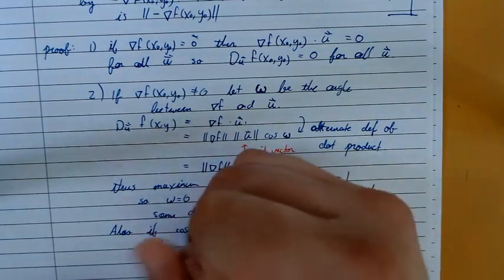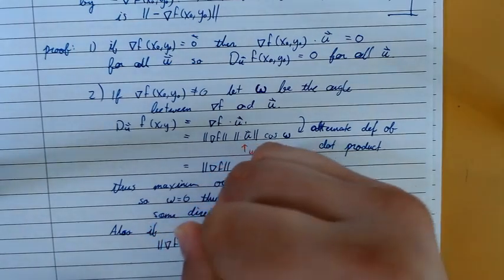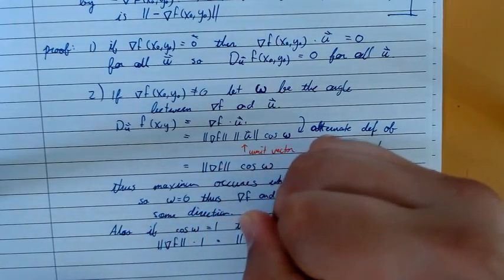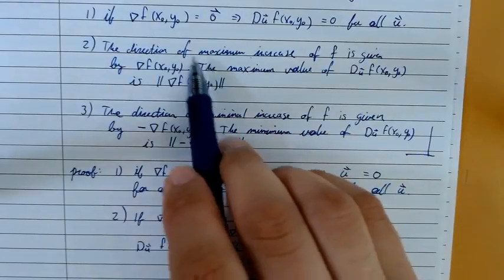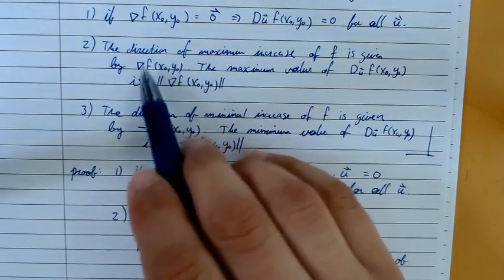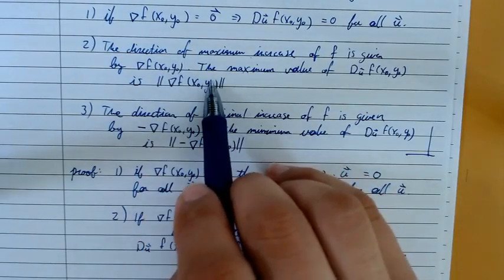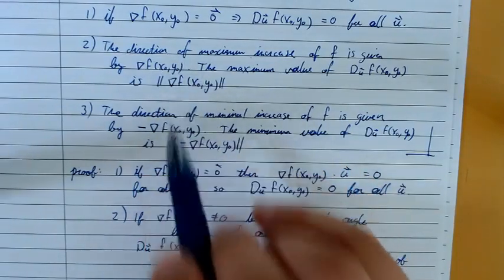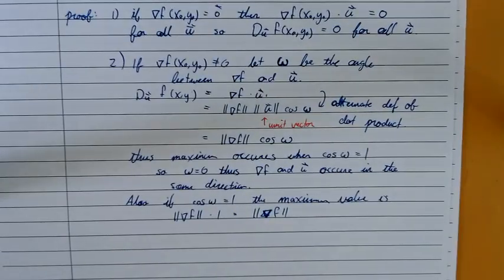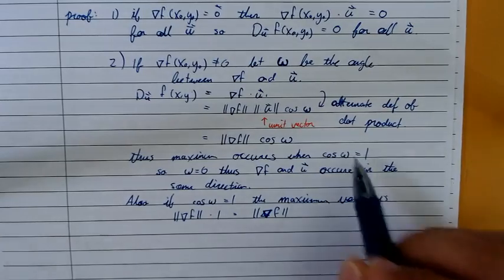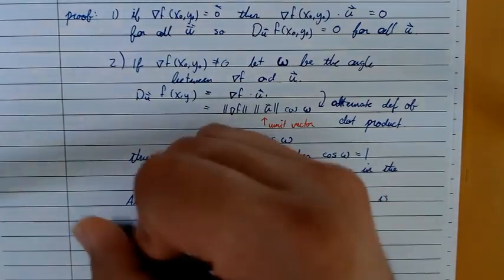Oh, sorry, the magnitude of the gradient of f times 1, which is the magnitude of the gradient of f, which is the other part here. So not only is the direction of maximal increase in this direction, but we know that the amount of maximal increase is the gradient of f's magnitude. And number 3 is the same, except here this is replaced with a -1.